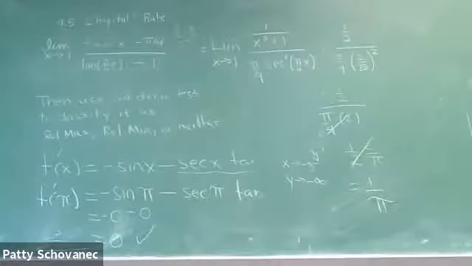If we keep getting 0 over 0 or infinity over infinity, we do more. But then we have other indeterminate forms, like infinity minus infinity, 0 times infinity, and then the exponential indeterminate forms. So let's quickly do an exponential one.